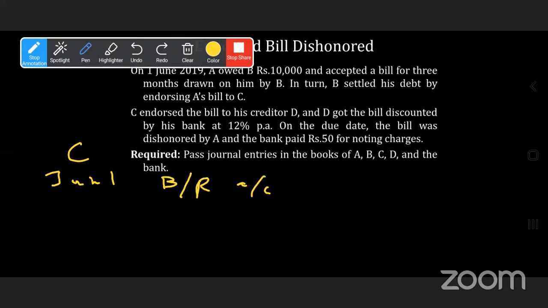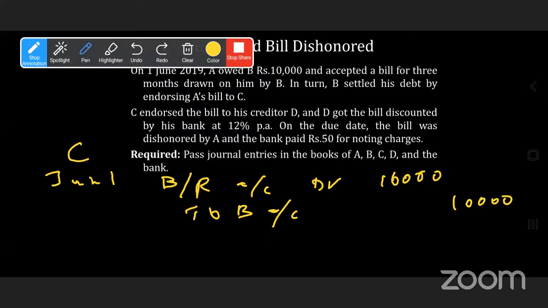Bills receivable account debit to B account. B has endorsed the bill. Now you have to write the narration as bill received from B, 10,000.